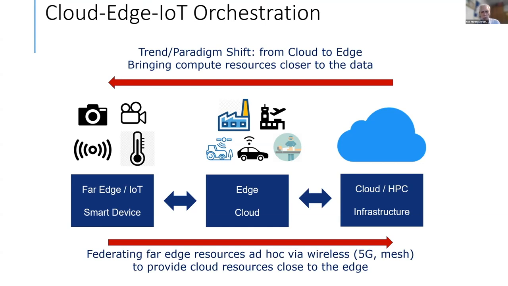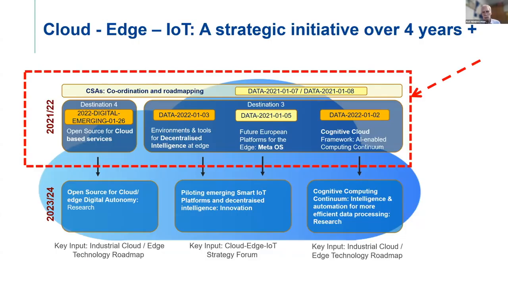So that is the new paradigm, and you will see in the following slide that we started putting that in place, supported by research topics under Horizon Europe. Next slide, please. At this point in time, we have passed the first wave of topics.